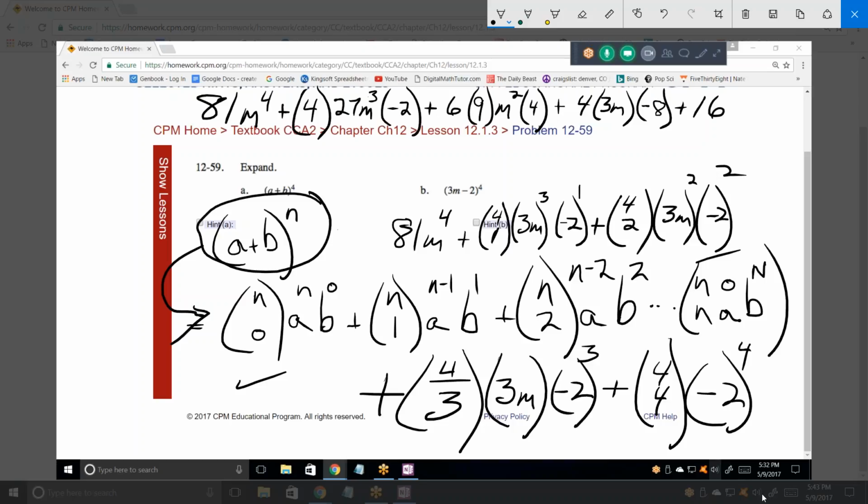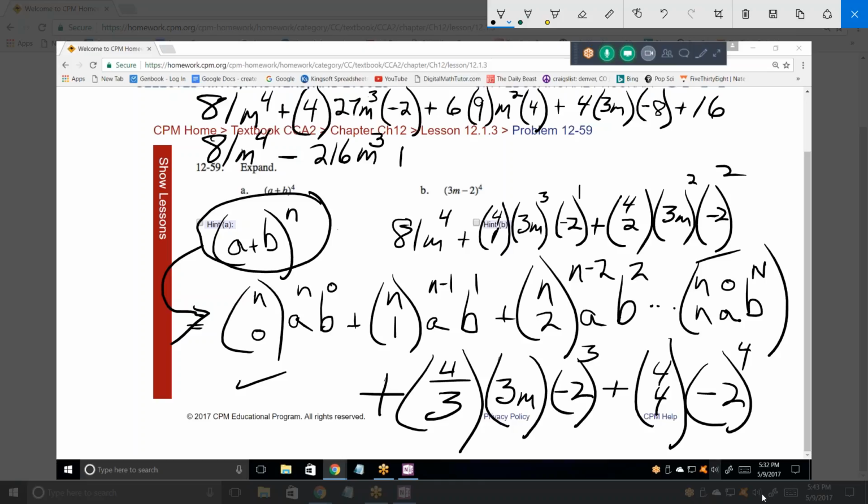So now, still got to go through and simplify. That term is correct. This becomes minus, what's 8 times 27? Your calculator. 216 m cubed.